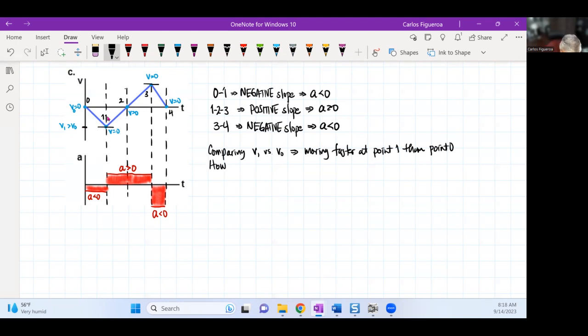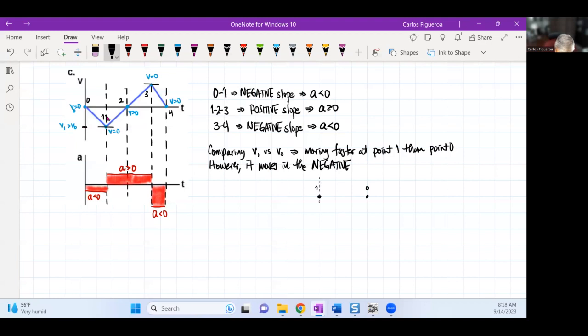However, it moves in the negative direction. So if I'm moving faster, what that tells me then is that I'm going to have this. So before I draw the motion diagram, let's set the intervals here. So this is my point 0. And then this is my point 1 right here. This is my point 1.